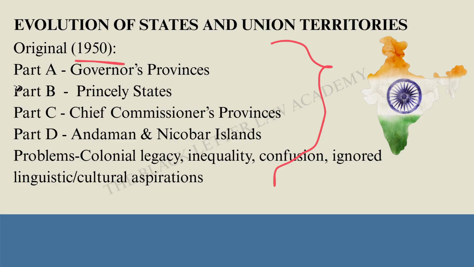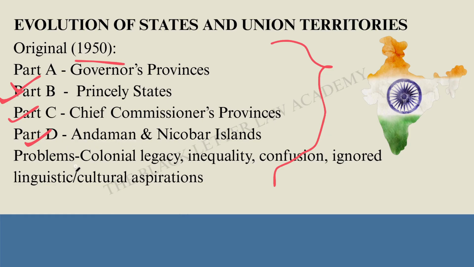Part A were the former British governor provinces, and Part B states where the princely states ruled earlier by Indian rulers. Part C states were chief commissioner provinces administered directly by the center. Part D, Andaman and Nicobar Islands.